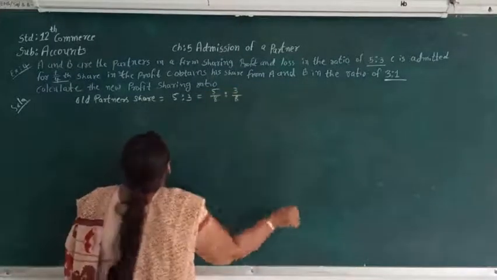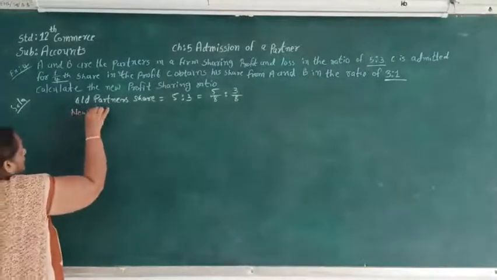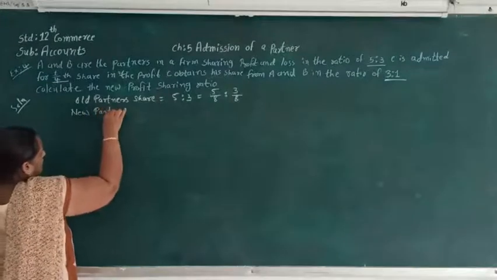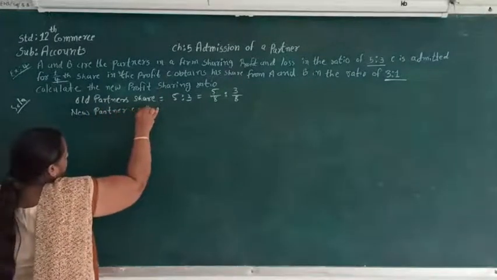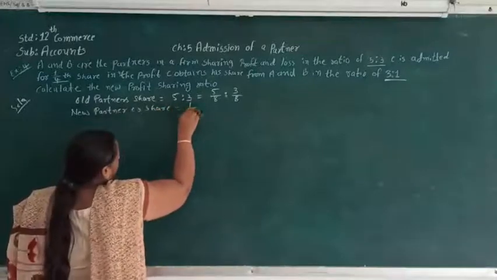Okay. And now C's share, the new partner's share, is equal to 1/4.